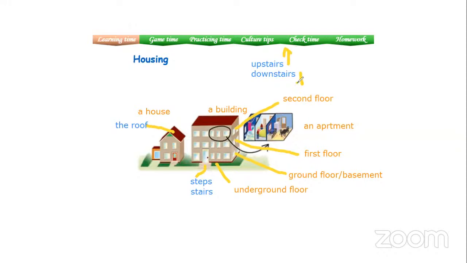Upstairs and downstairs. Okay, and yes, I can explain more and more, right? We have the door, we have the window, some windows. Now I cannot say garage, right? But let's say this house is next to the building or something like that.